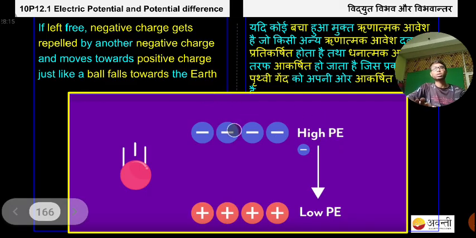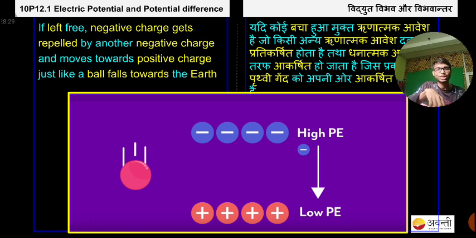A positive charge is just like a ball falling towards the earth. As you know, this happens because of gravitational force. Gravitational force is an attraction force. All objects on earth attract each other.